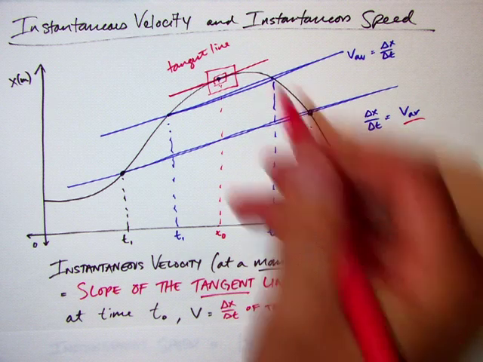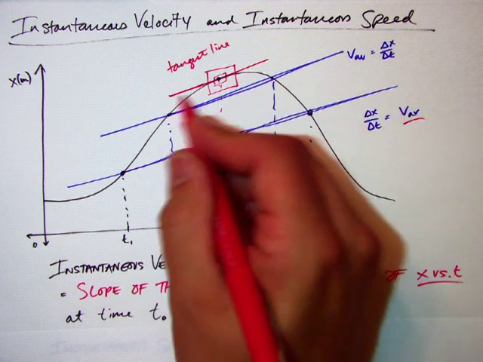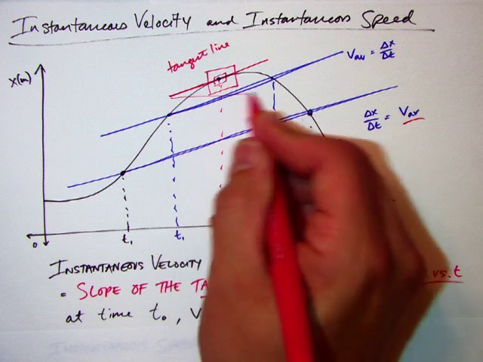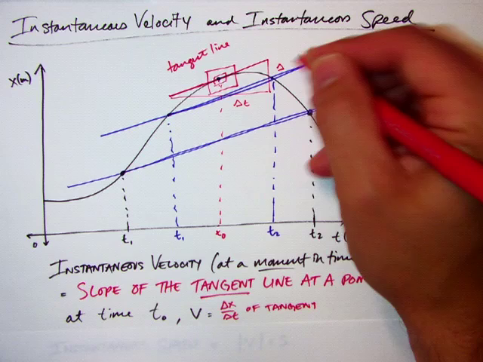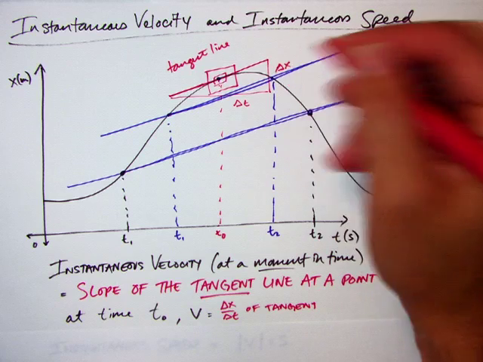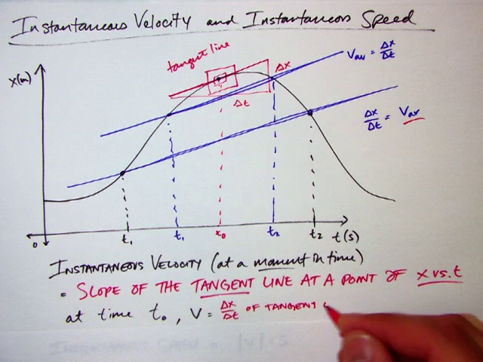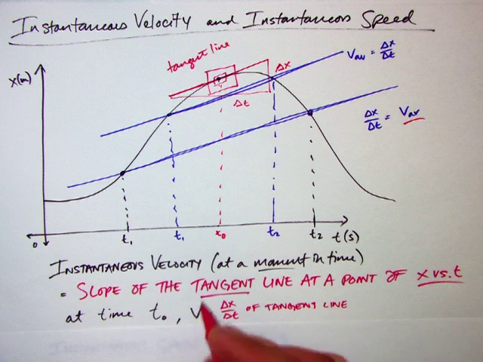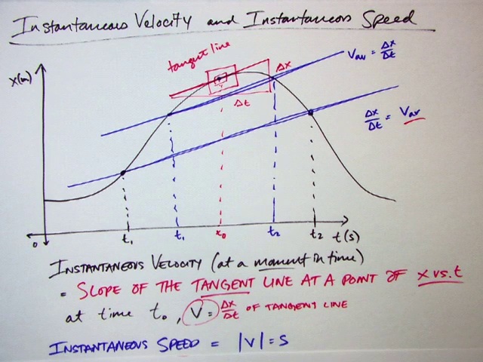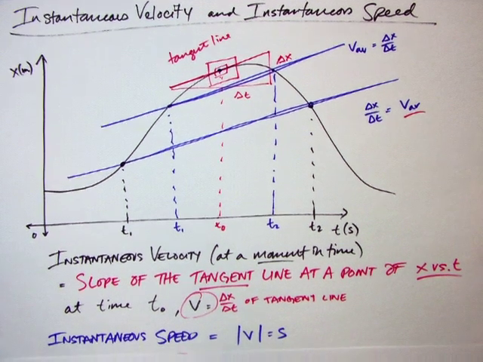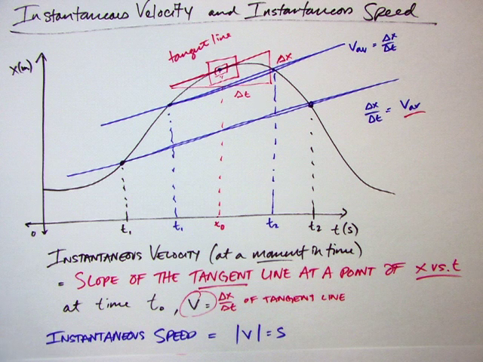So I would draw my tangent line and then find the delta t, find the delta x, and that rise over run will give me my instantaneous velocity at that specific point in time. Now, instantaneous speed, similar to velocity, is just the absolute value of the velocity.